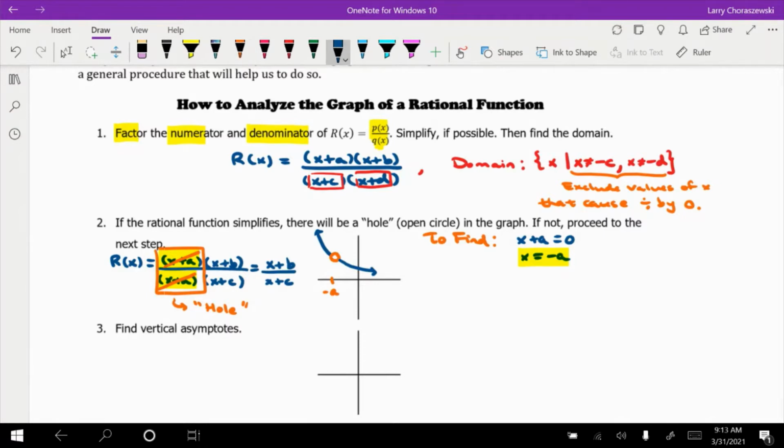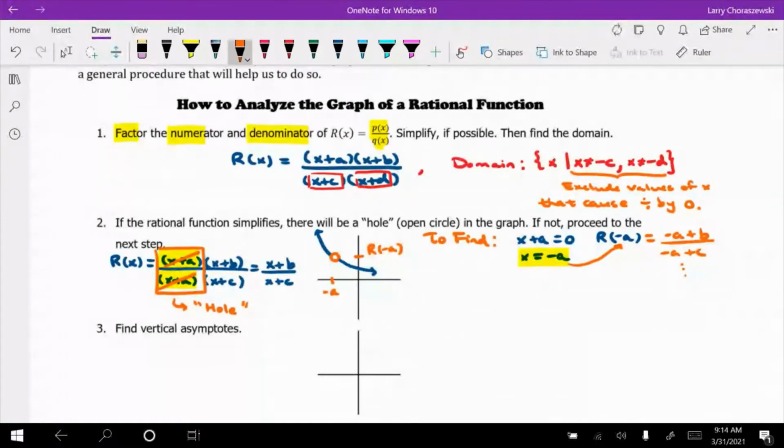And then what we do is we plug that negative a back into our reduced version of the rational function, to get negative a plus b on top and negative a plus c on the bottom. And then we simplify that. And whatever value this simplifies to, that's going to be the y-coordinate of the hole. So I'm going to call that r of negative a. And just bear in mind that the version of the rational function r that we use is the reduced version.